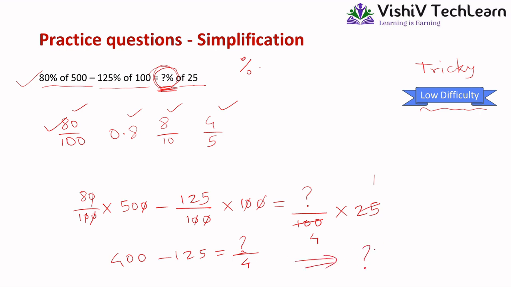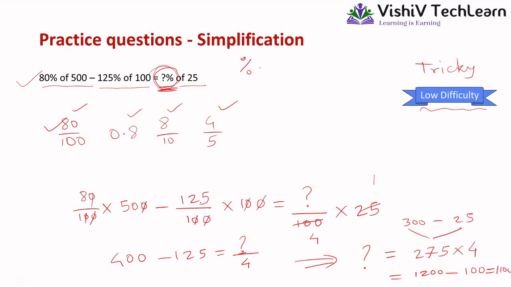So this gives question mark is equals to 275 into 4. Correct? Now this we can split into two parts: 300 minus 25. 4 3s are 12, so that answer is very easy. 1200 minus 25 for the 100. So that gives the final answer as 1100.